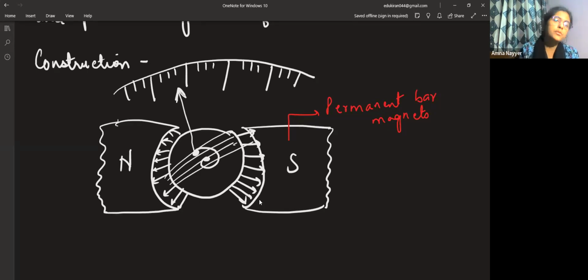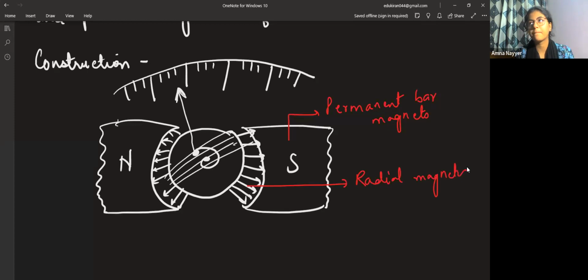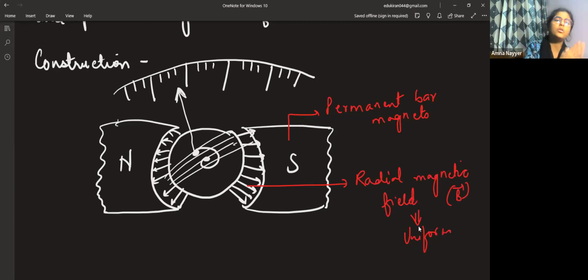The magnetic fields which are arising are radial magnetic fields. Also, they are uniform. Don't think that if they are radial, they are non-uniform. Uniformity does not depend upon the geometry they are forming. All right. So these magnets are present.